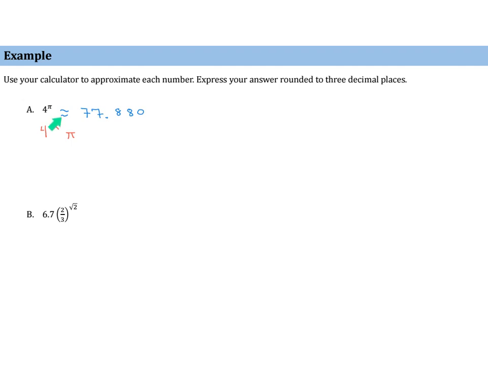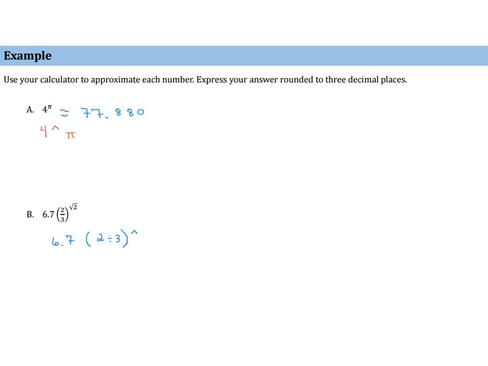You'll notice that I'm using the approximation symbol, not the equals. Now, our calculators will also do order of operations. So we can go 6.7 in part B, and then we can open up a parenthesis, and then we can write 2, divide by 3, or you can use a fraction key there, if you know how to use fractions.